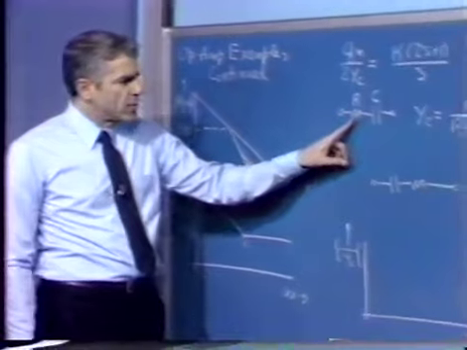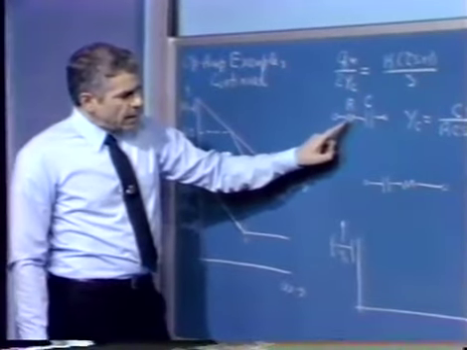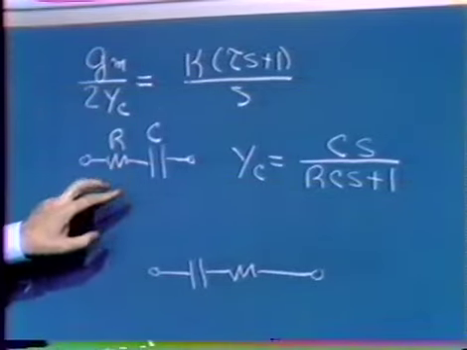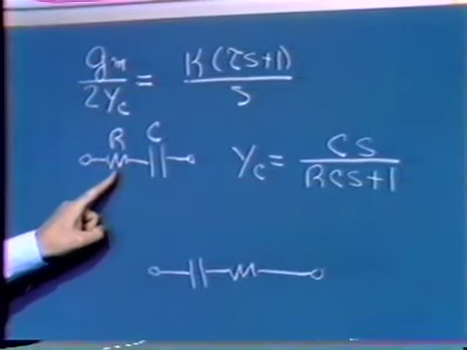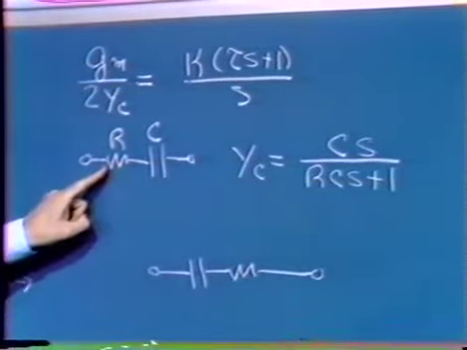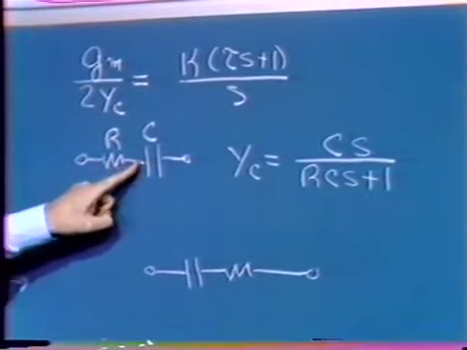Well, what we're doing is using a network of the general type shown. And the important part of this network is that at high frequencies, or at least as far as the teeth are concerned, this network looks resistive.